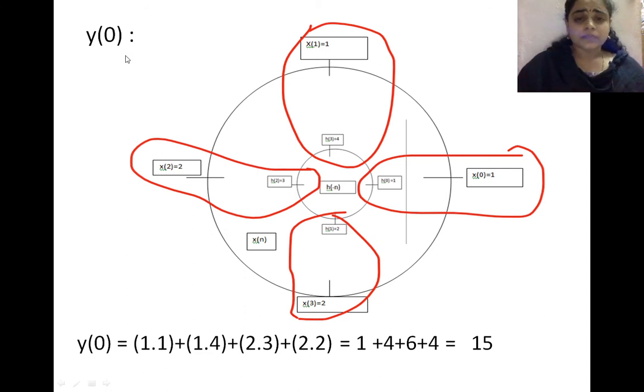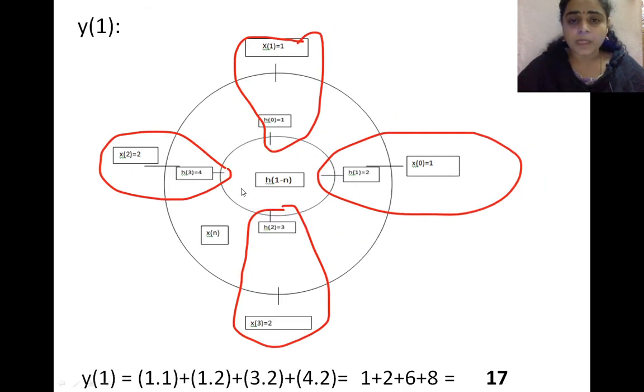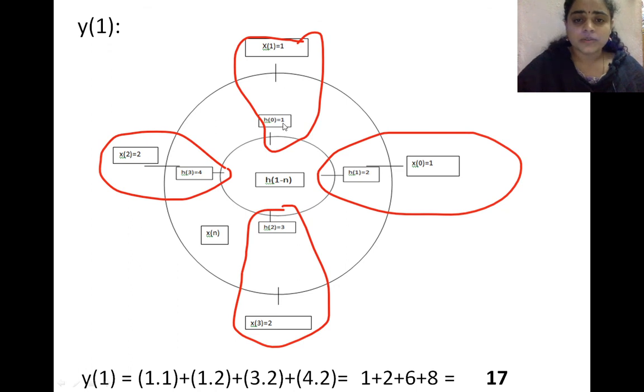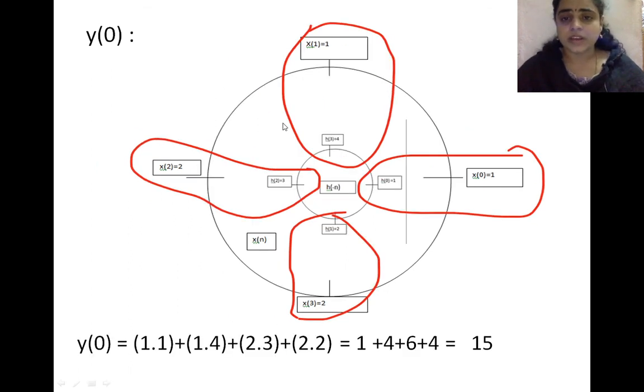For y of 1, what we have to do is shift this h of minus n one time. Whatever direction you took, you have to shift in the same direction. If you observe here, here is the h of 0 sample, here is the h of 3 sample, h of 2, h of 1.